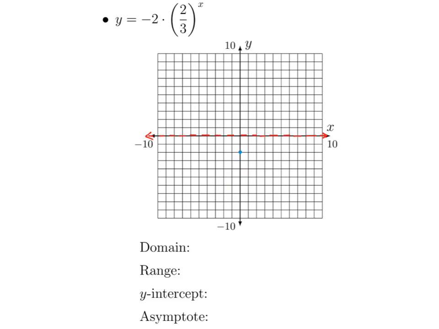If you plug in 0 for x, you should end up with -2 for y. Swoop toward the asymptote to the right, because 2/3 is the base here. It's below 1. The domain is all real numbers. The range is all the numbers below 0. The y-intercept is 0, -2. And the asymptote is at y equals 0.